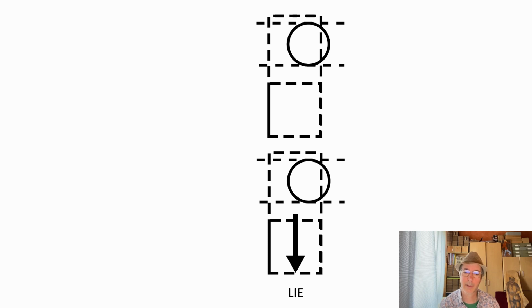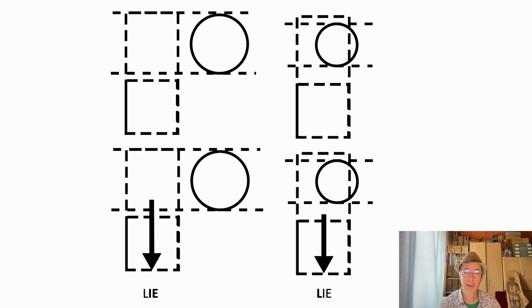So on one hand you have to lie, which lies within our region of reach, while the lie is already further away from us, and it is no longer within our reach.